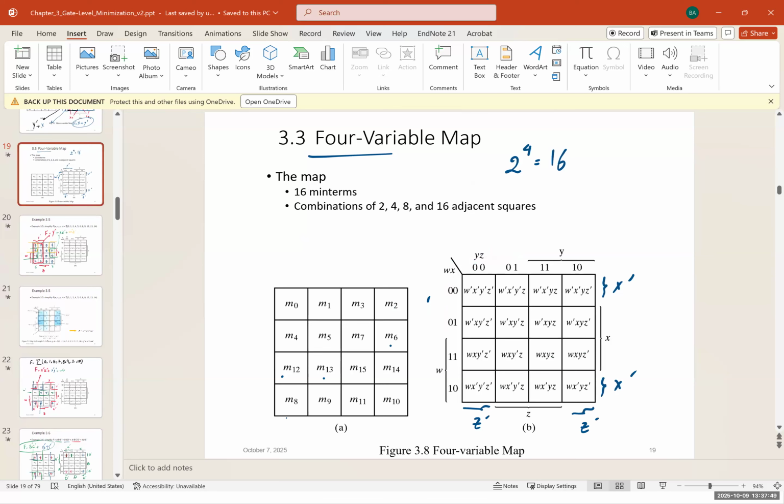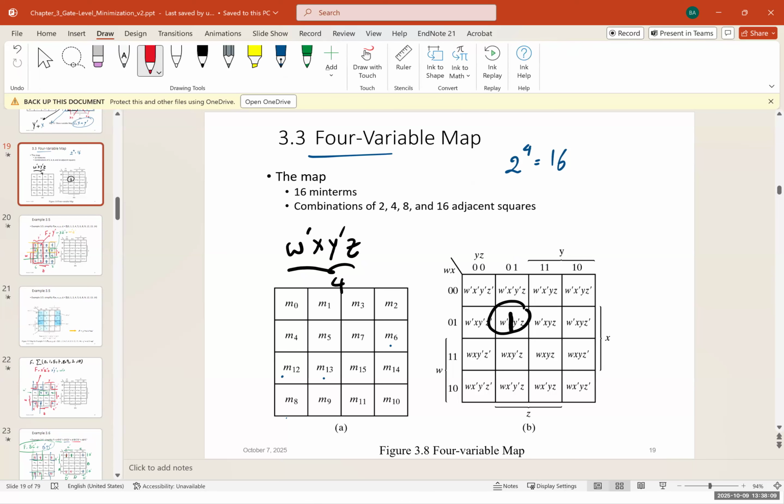So imagine here, if I only have 1 bit, it would be W prime, X, Y prime, Z. I would have all 4 variables, yes? Now let me draw the second with red. What if I have 2 variables?